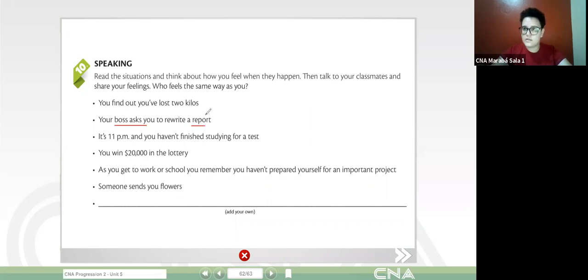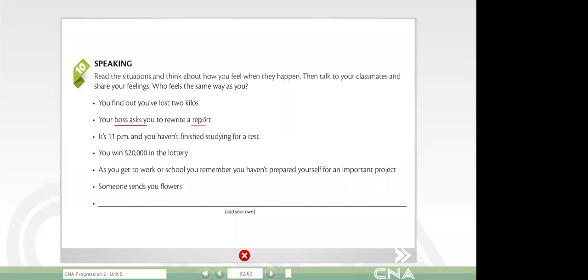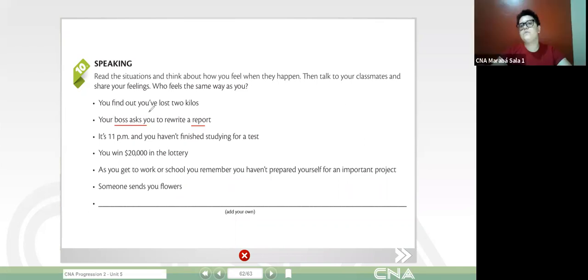And then your boss, the person who works above you, asks you to do it all again. This could be substituted by you do a paper and you give it to the teacher, and the teacher says it's terrible, do it all over again, and then you have to repeat the paper all over again. It's a similar situation.